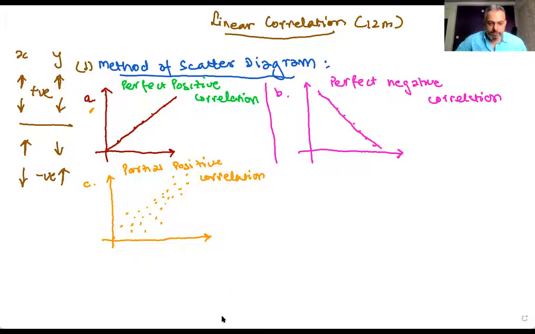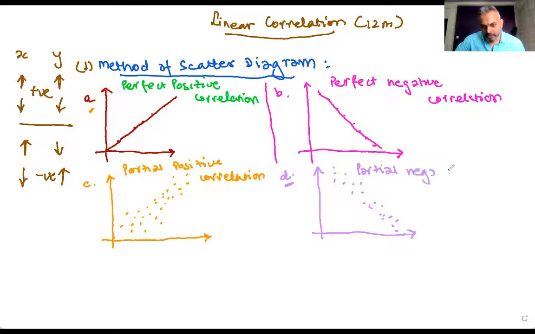And then D, if we plot the values of x and y on a graph and we get plots like this. So over here, this is basically partial negative correlation.